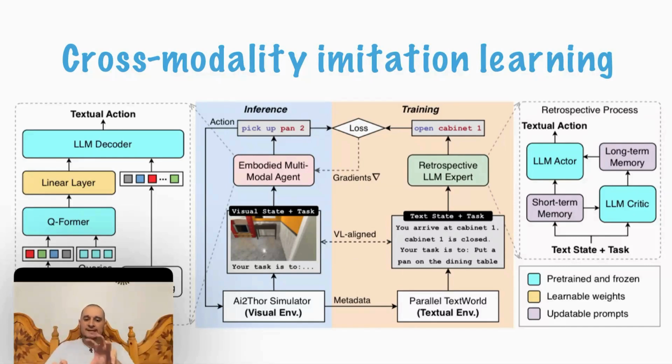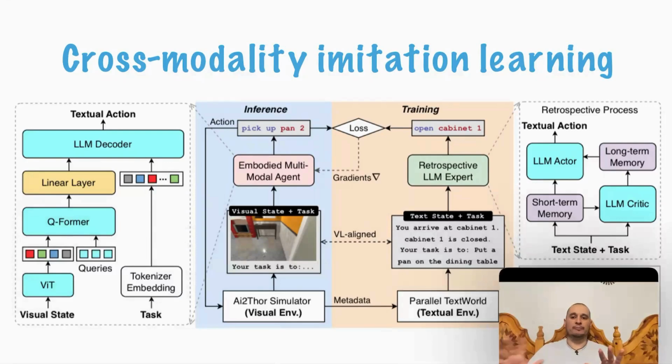Now, this model, let's call it the alpha model, is the one that we will use imitation learning to learn from. So now it goes to the second part of the model where we do the inference. In here, we have a visual model that attempts to learn from the expert model. Here, the process that we follow is that we first convert the visual embeddings into textual embeddings.